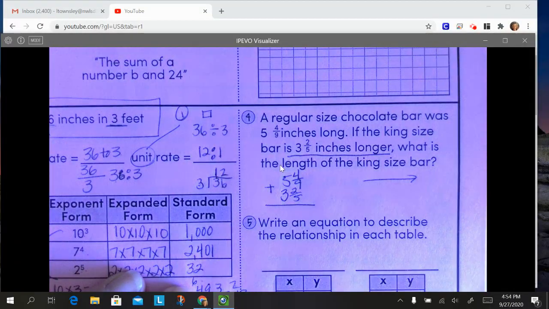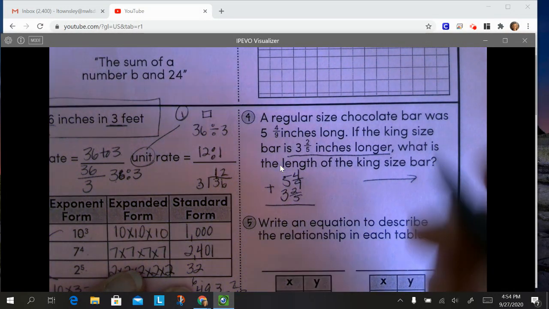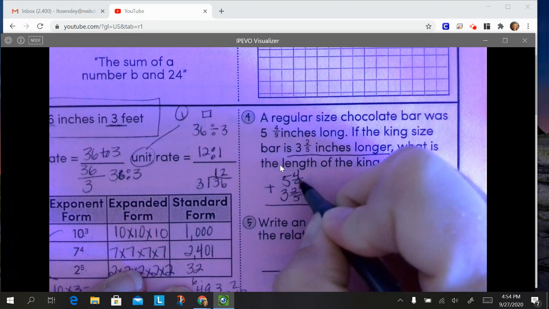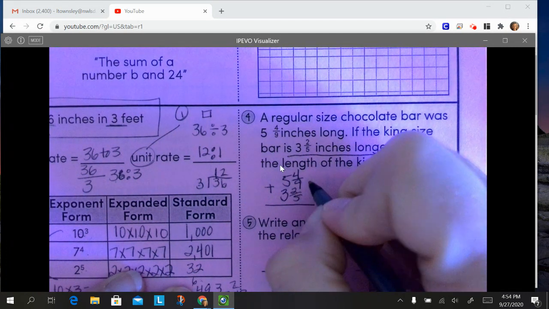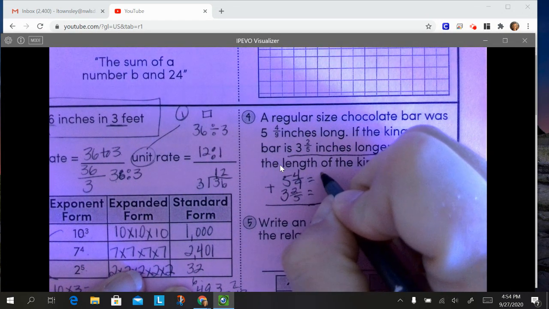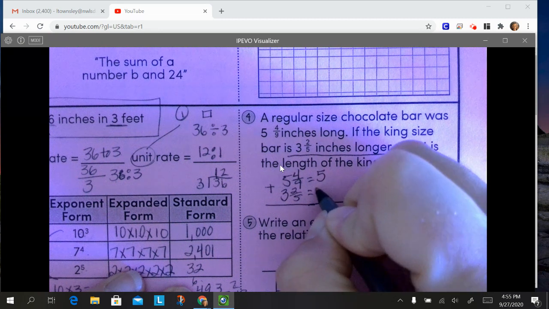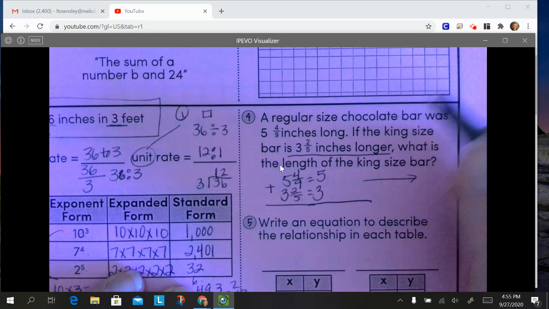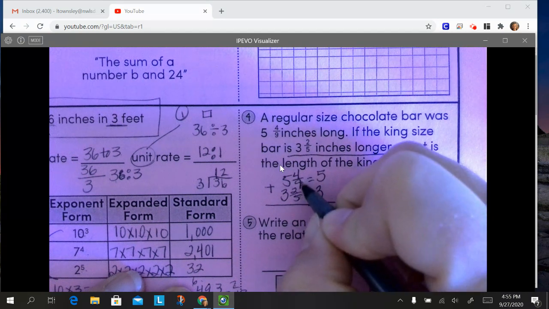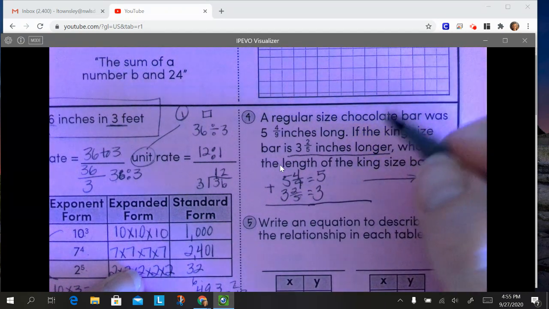Now remember, in order to add, you have to have a common denominator. So when you're adding fractions, you have to have a common denominator. So we need to make these have that common denominator. So I'll go ahead and rewrite the whole number, and 4/9, 2/5. What would 9 and 5 have in common for a common denominator?